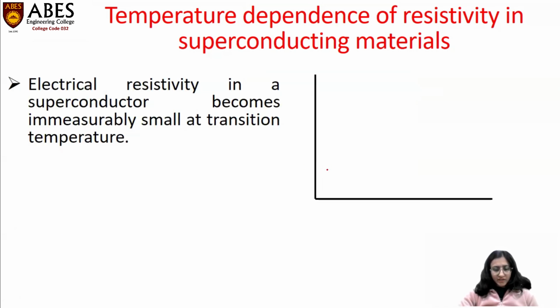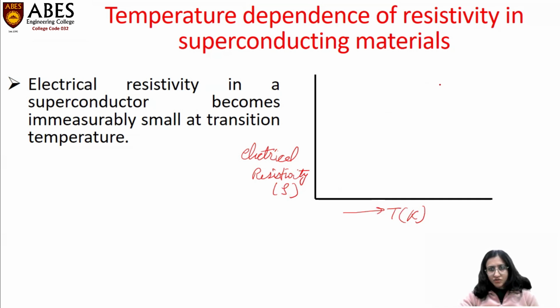We can also study the variation of resistivity with respect to temperature. Here I am going to plot the diagram for electrical resistivity versus temperature. A normal material which does not show superconducting nature, even if we reduce the temperature to 0 Kelvin, will have a certain residual amount of resistivity.